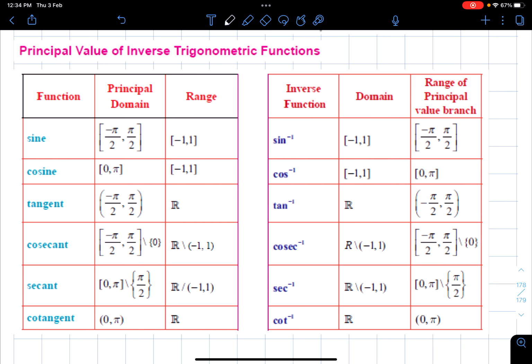If you remember the principal domain and range for these 6 functions, the inverse is just the opposite: whatever is in the range comes into the domain. So this table is very, very important, and if you remember these 6 alone, it will be easy for you to solve all the problems of the chapter.